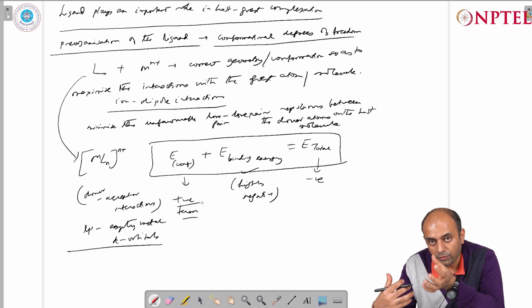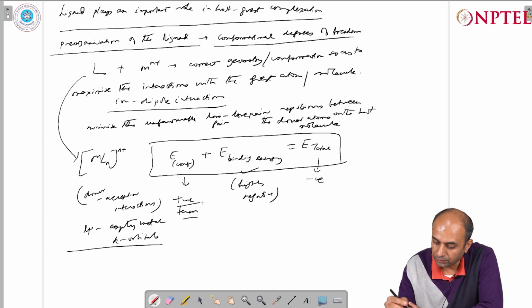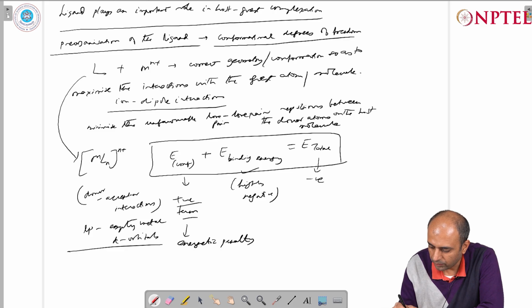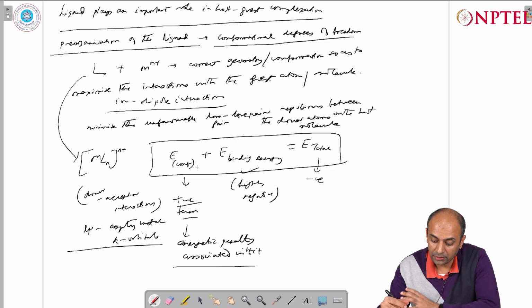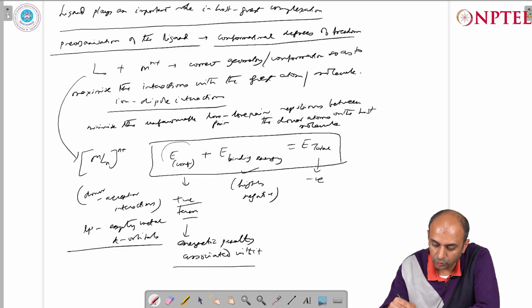So, this conformation change has an energetic penalty associated with it, and because both these terms contribute towards the overall E, it will be nice if we can minimize this particular contribution.